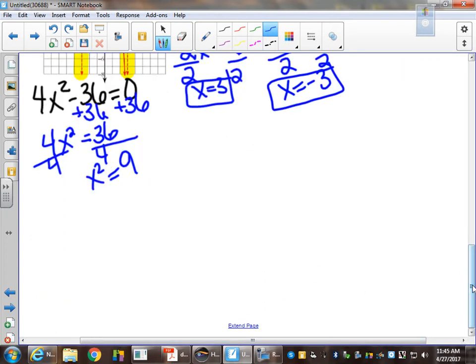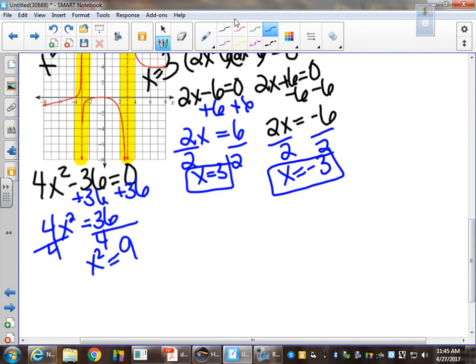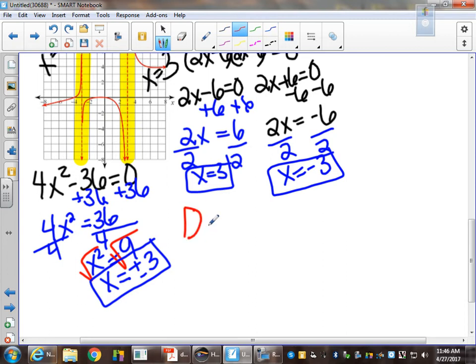Then take the square root of both sides, and you get x equals plus or minus 3. So no matter which way you solved, if you did either of these ways on a test, your answer would be right. Our domain: all real numbers, x cannot equal plus or minus 3.